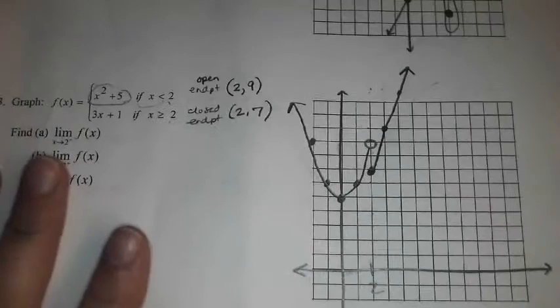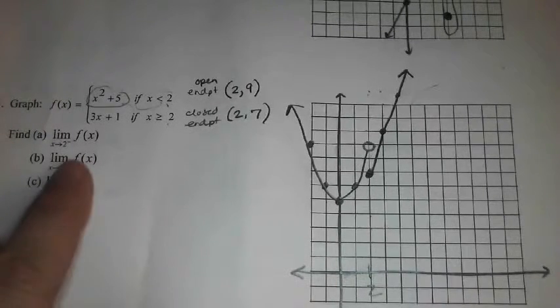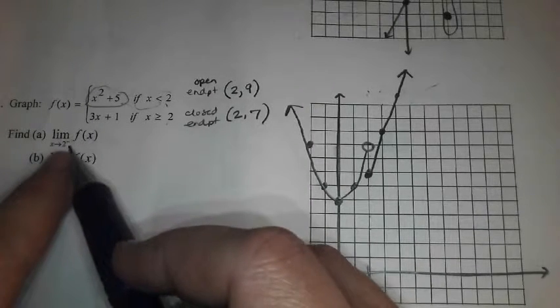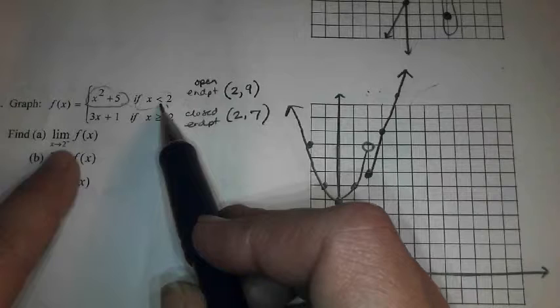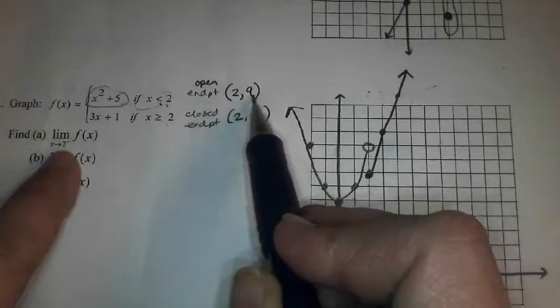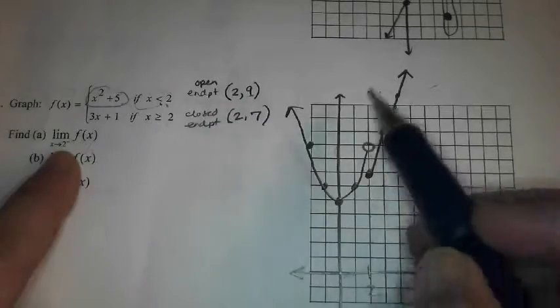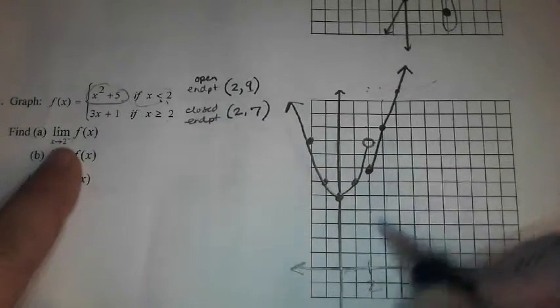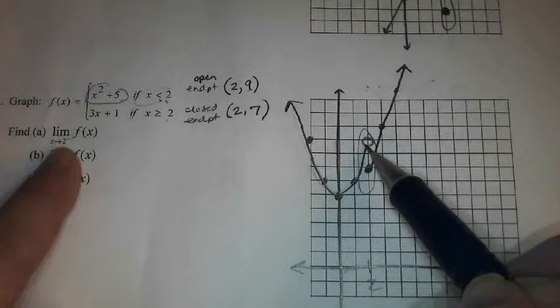So when we are looking at 2, now it's a little bit more split up because it matters a little bit more. If I'm approaching 2 from the left, that's from numbers smaller than 2, which is the first piece, which gave us a y-coordinate of 9, right? And you can look at your graph now. If I'm approaching 2, so you're focusing in here, from the left, my y-coordinate is pushing 9.